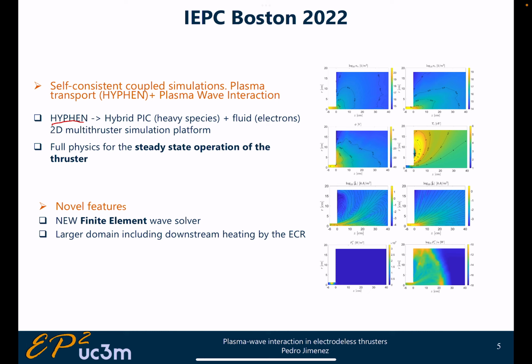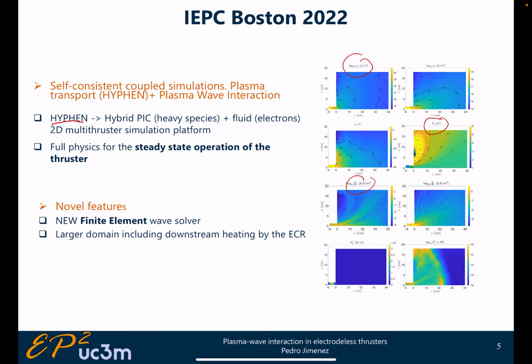It's a hybrid particle-in-cell plus fluid code. We can solve for all the plasma profiles like the plasma density, the electron temperature, all the currents, performances, thrust, all this considering different processes like ionization, inelastic collisions, plasma wall interaction, anything you can think about.